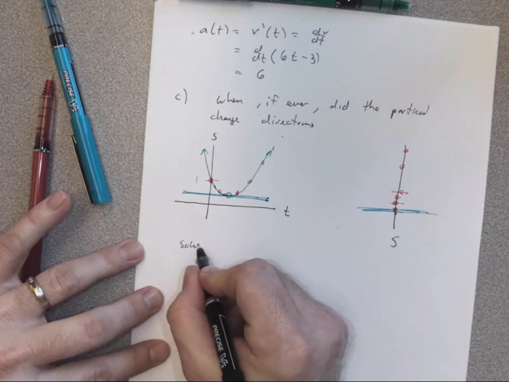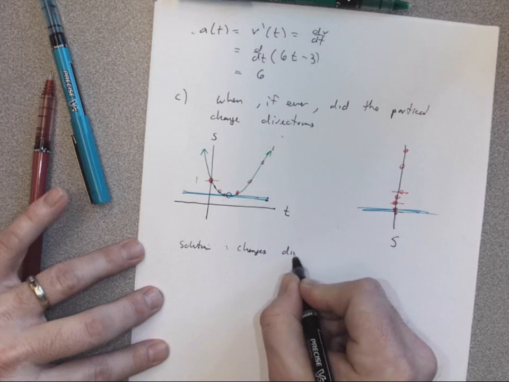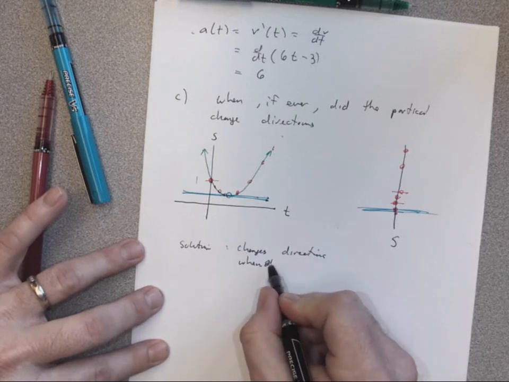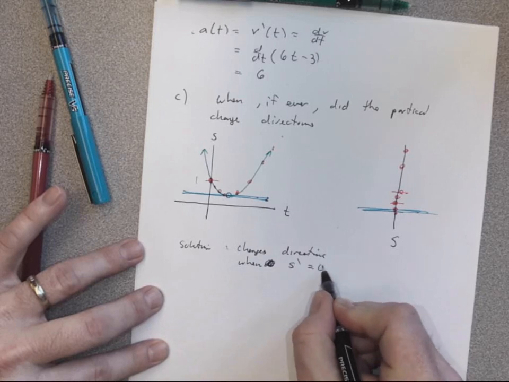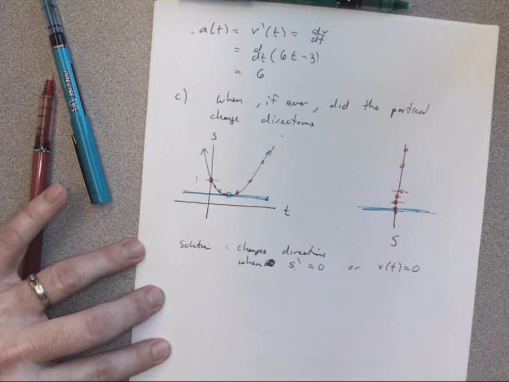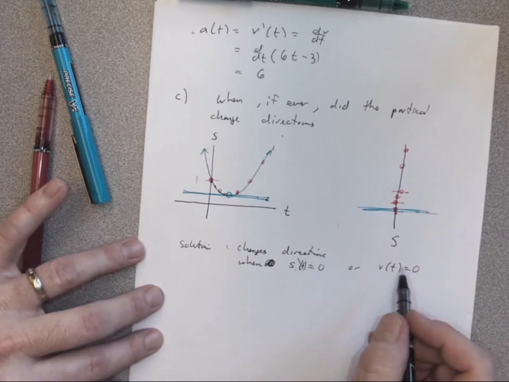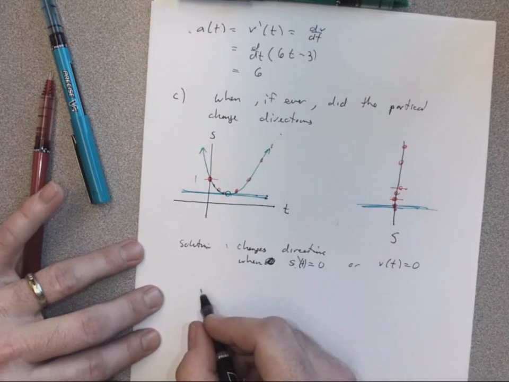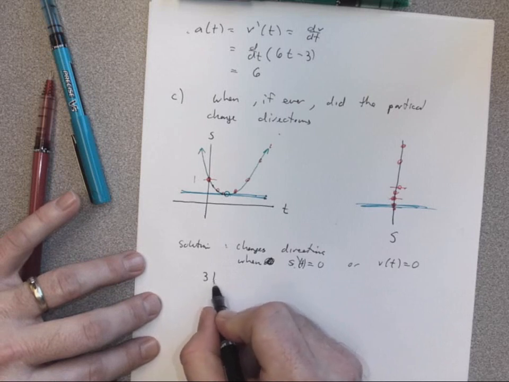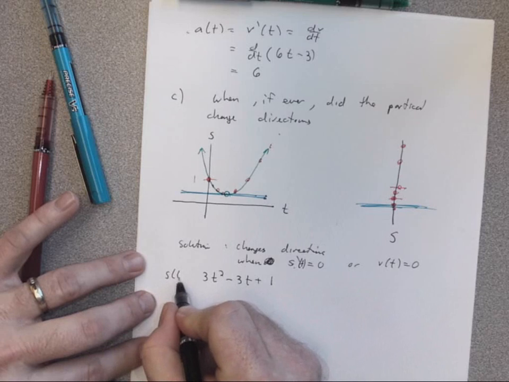So our solution to this one is it changes directions when s prime is equal to 0, or when v of t is equal to 0, because s prime is equal to v. What we know is that s was our 3t squared minus 3t plus 1. So this is our s of t.